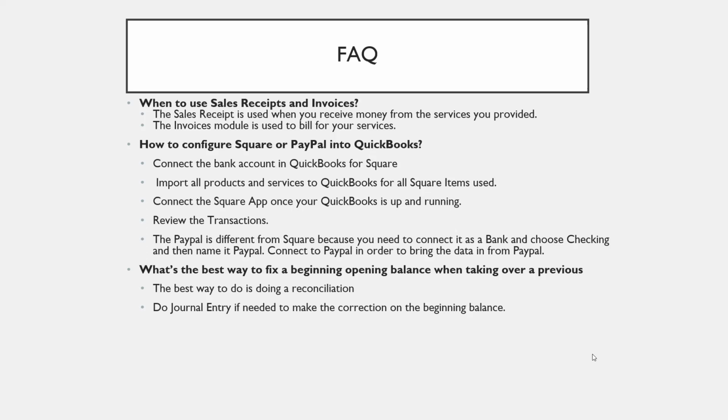So when you bring it over to your books, you need to have the same information that you have in Square on your QuickBooks. Square brings everything, the invoices and the payments, into QuickBooks, and it matches whatever is in the system. So it's very important to bring the products and services that you use in Square over to QuickBooks, because if not, it's going to be a big issue.